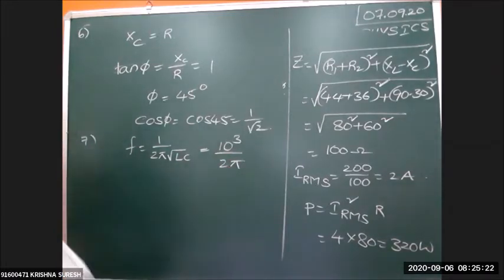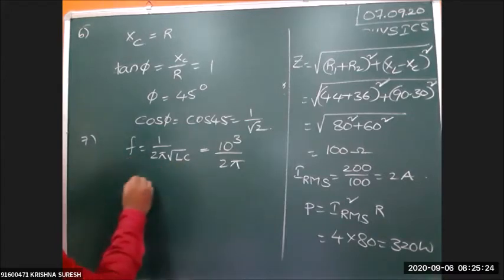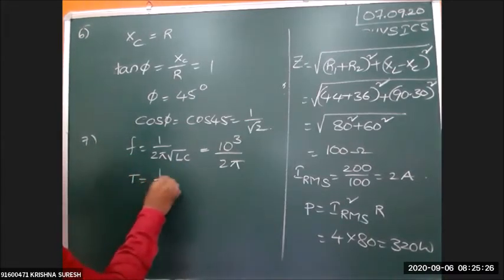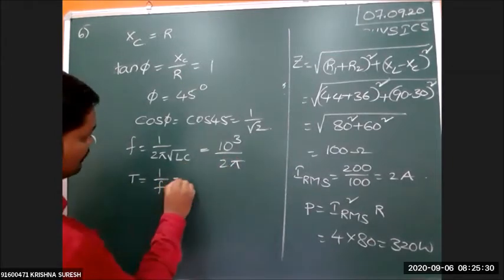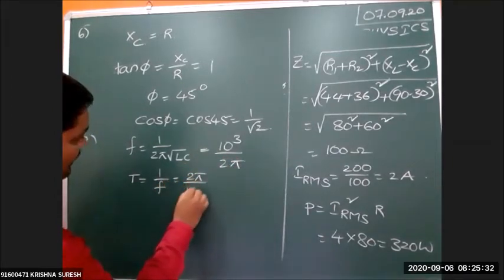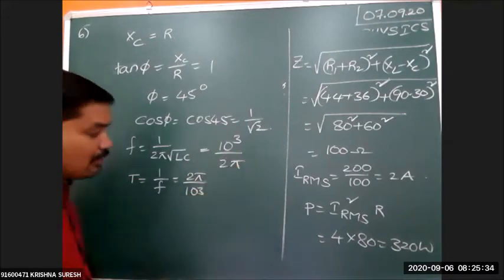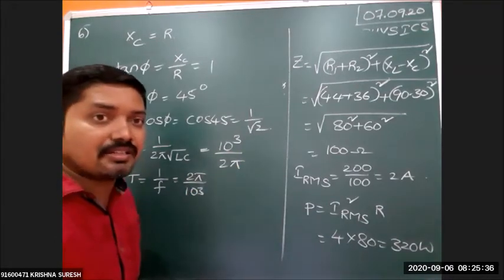Now from this, if we get frequency, the time period can be written as the reciprocal of frequency, that is 2 pi by 10 power 3, which is 2 pi times 10 power minus 3.